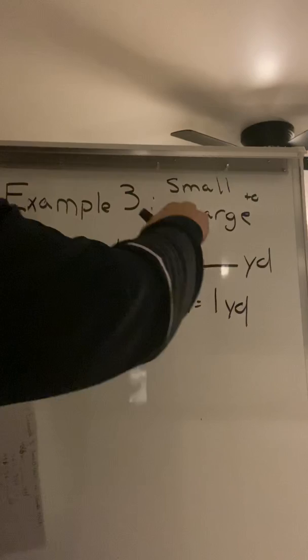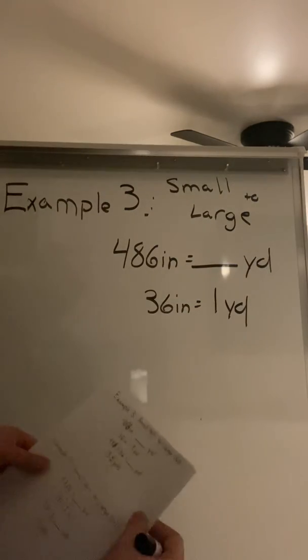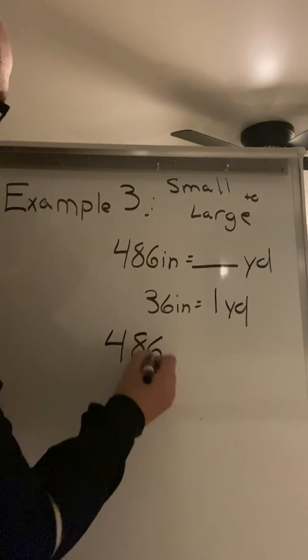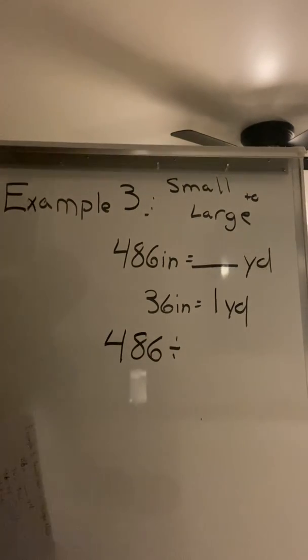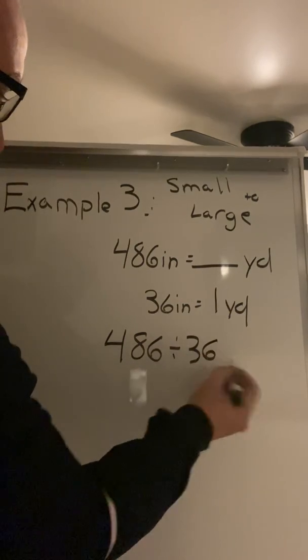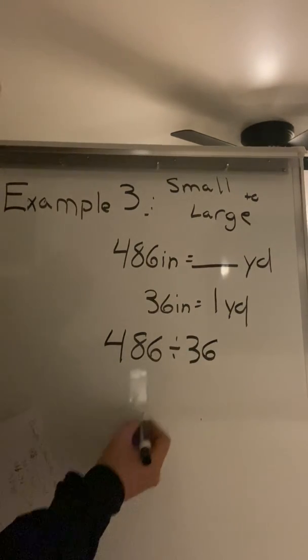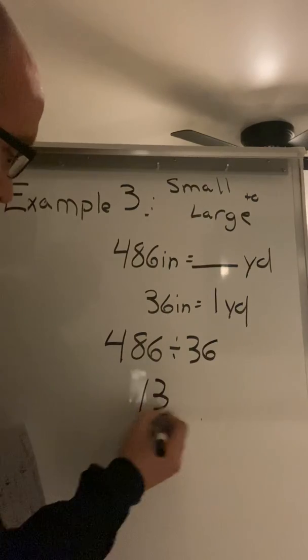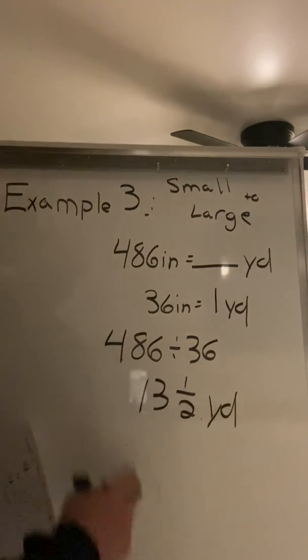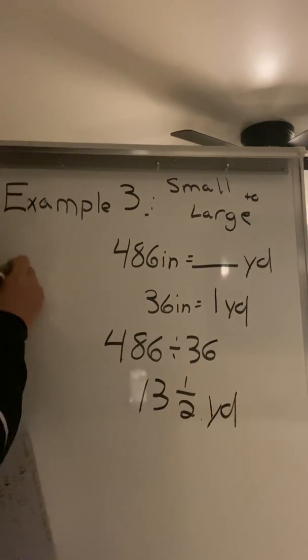So since we're going from a small to a large, that means we're going to need to divide. So you'll take 486 divided by 36. All right, and this equals 13.5 yards.